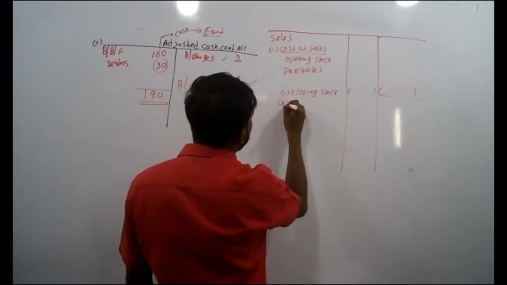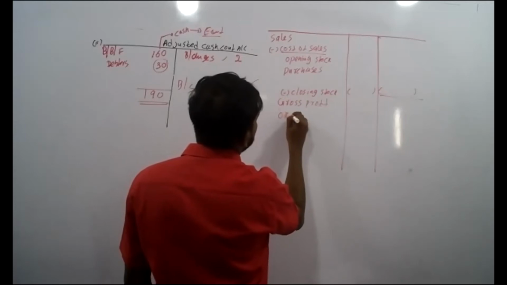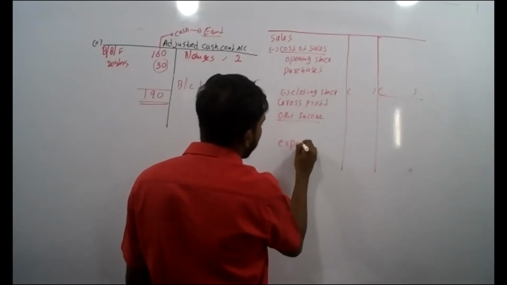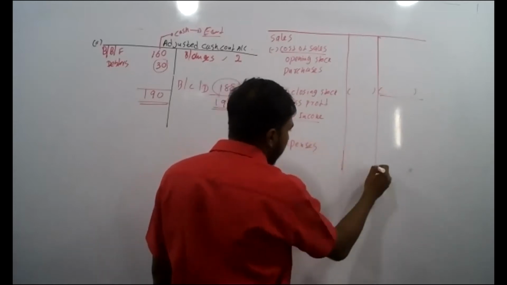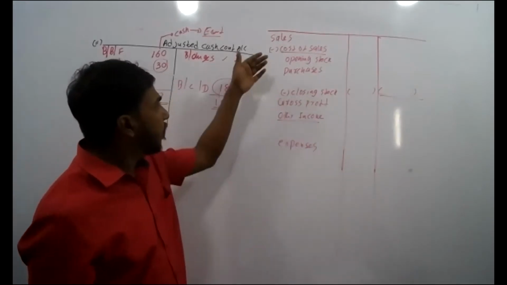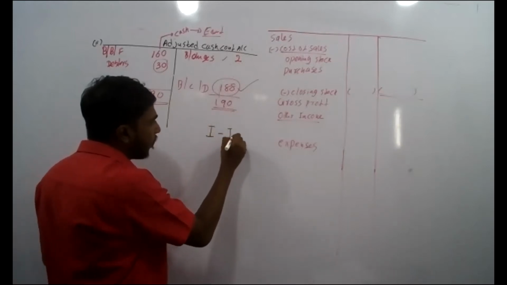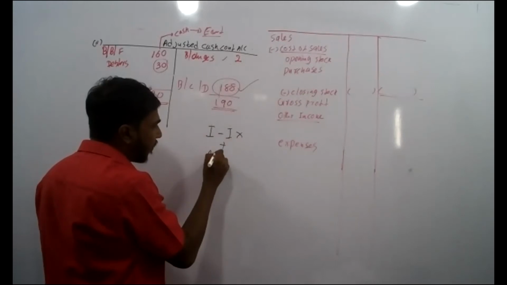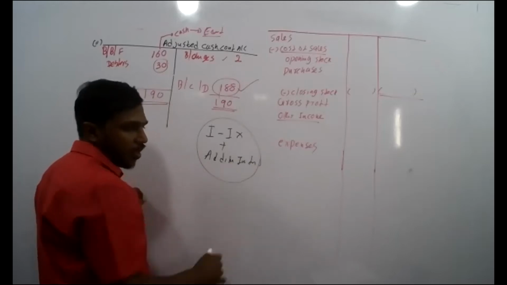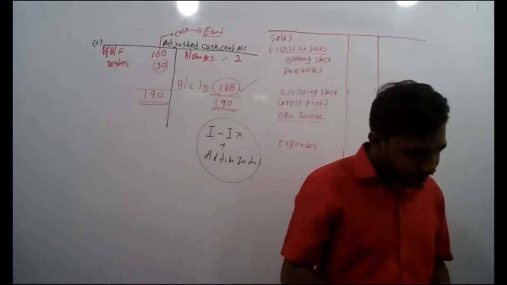Then here comes the gross profit. Then here comes the other income. Right? Then straight away all the expenses come to it. That's all. Clear? Now keep it in mind, for this income statement, you're supposed to consider Roman numbers 1 to 9 transactions plus the additional information. You have to take both. Roman numbers 1 to 9 as well as the additional information you're supposed to record. Right? What does it say?